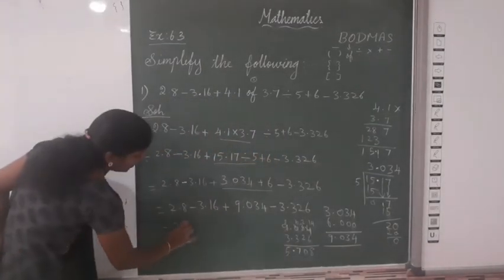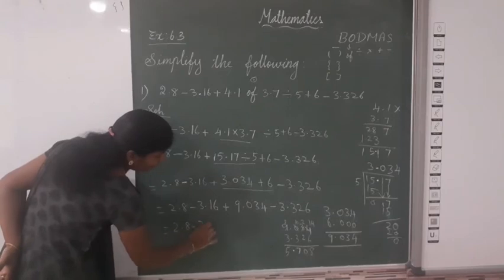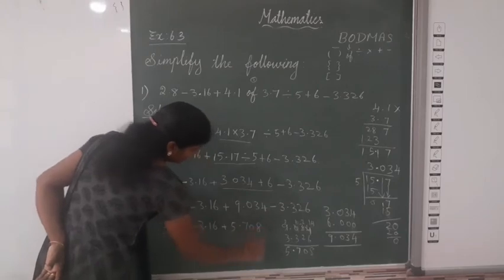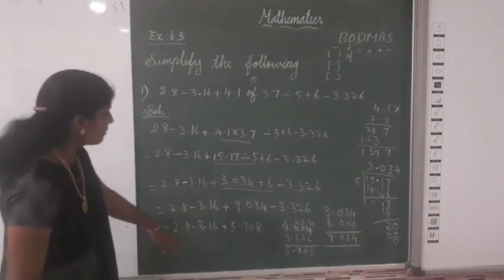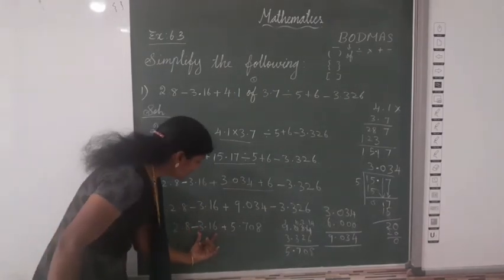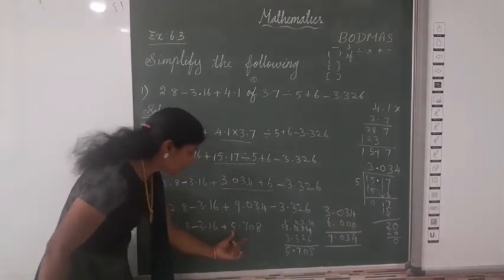Now 2.8 minus 3.16 plus 5.708, isn't it? Now listen here. This is minus, this is plus, isn't it?